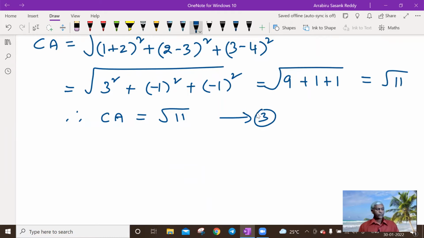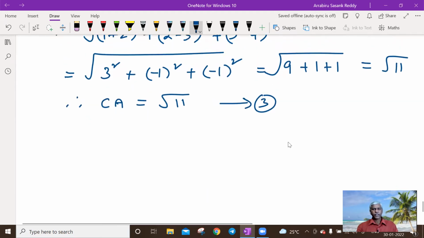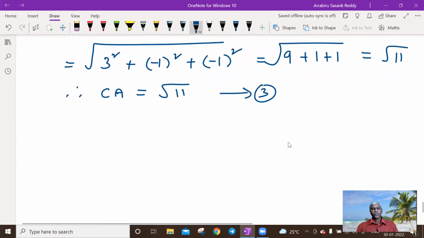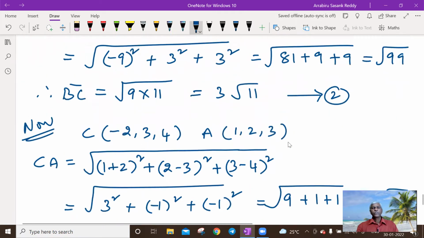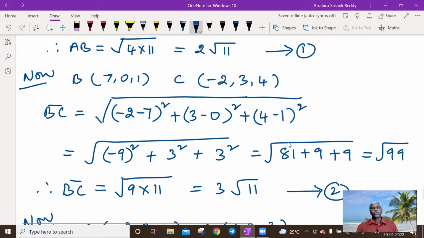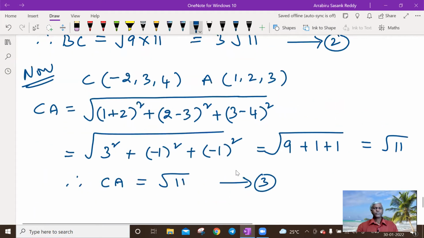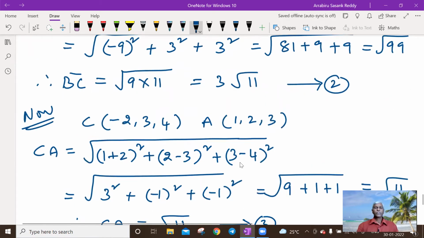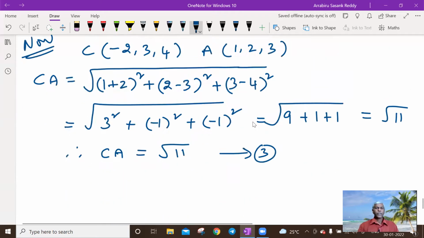So to prove the 3 points are collinear, as I told you in the beginning, the sum of 2 distances should be equal to the third distance. So here what do you observe?